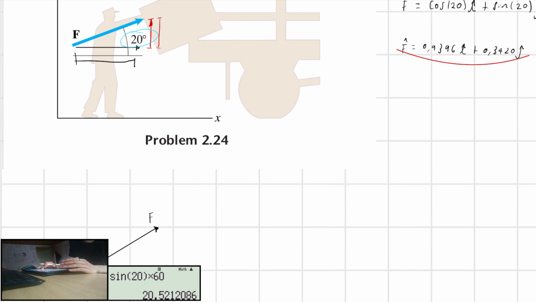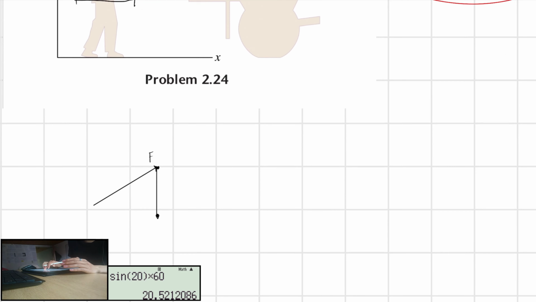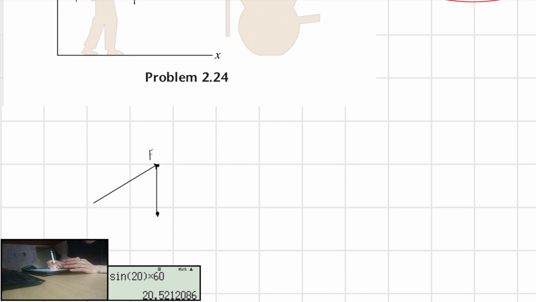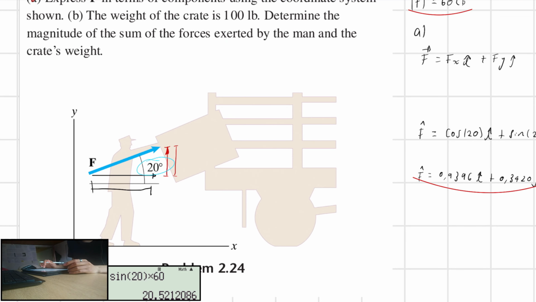That means that I'm going to have right here a vector, a force, which is 100 pounds. For example, I'm going to call it C. The magnitude of C is going to be 100 pounds. Determine the magnitude of the sum of the forces exerted by the man and the crate's weight.